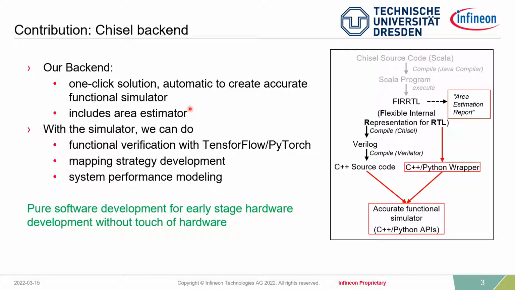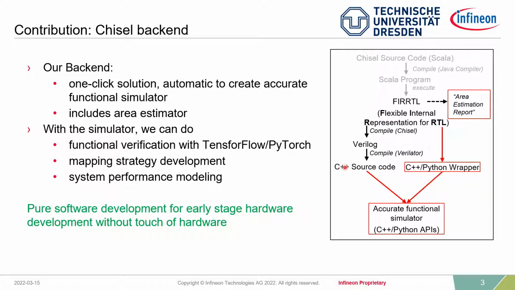Our main contribution is to develop the Chisel backend, which is a one-click solution. It extracts the information from the FIRRTL, which is the intermediate representation of Chisel, and then we create a C++ and a Python wrapper.